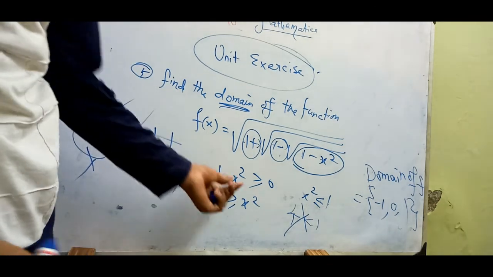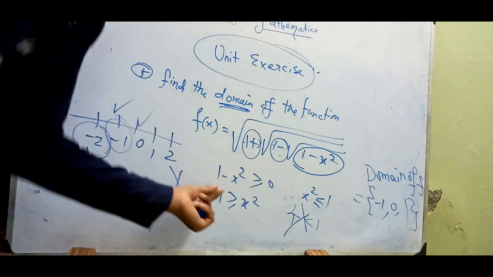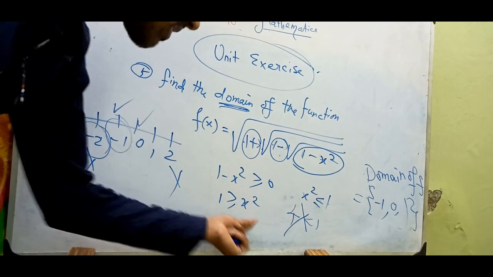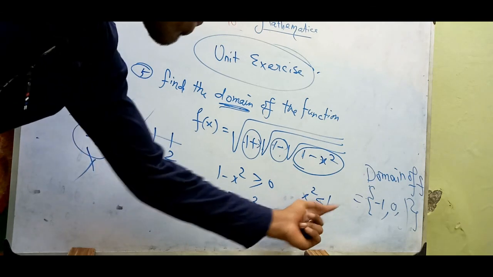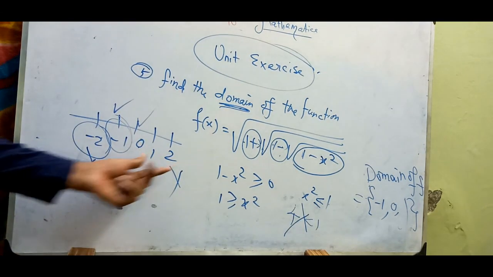For that we have a condition: the value under the root should be non-negative. Take this value here, it will be plus x square, and changing it this way, x square is less than or equal to 1. Now just take trial values from minus 2 to plus 2.